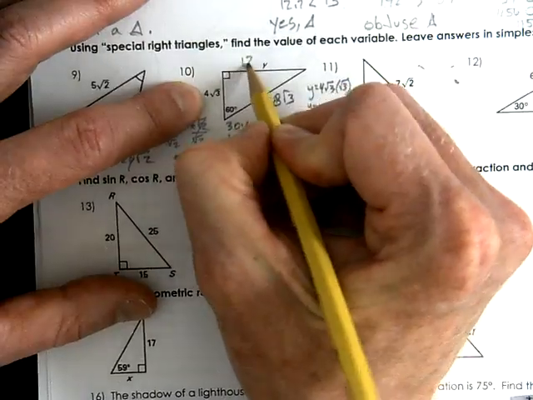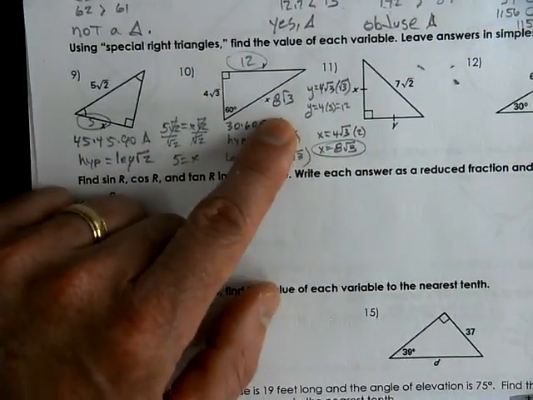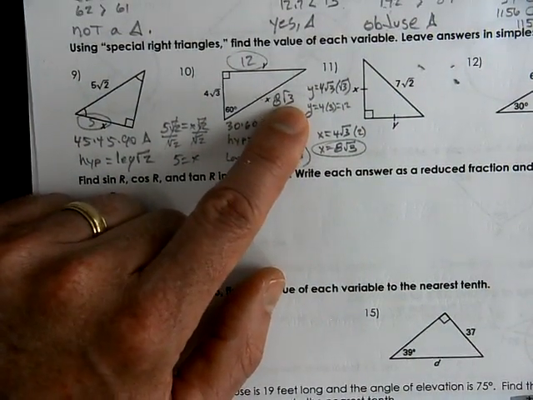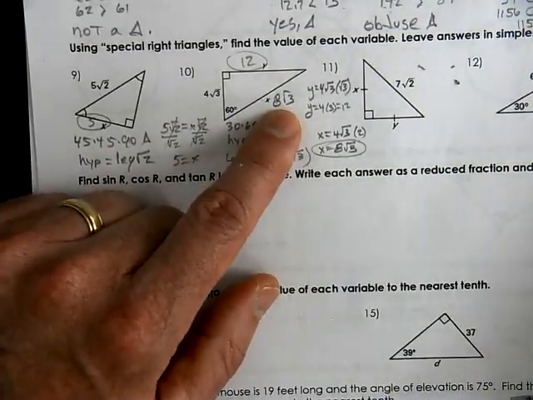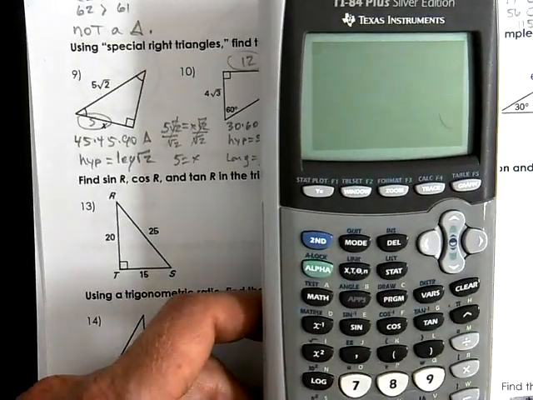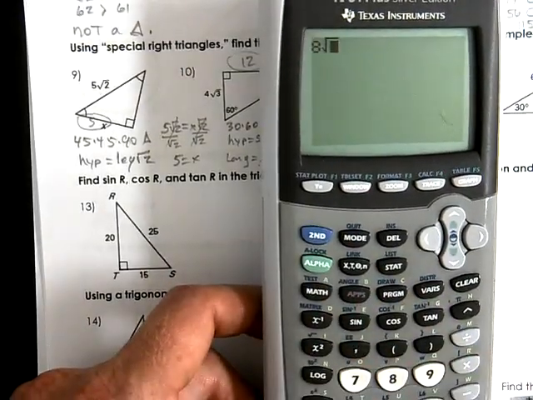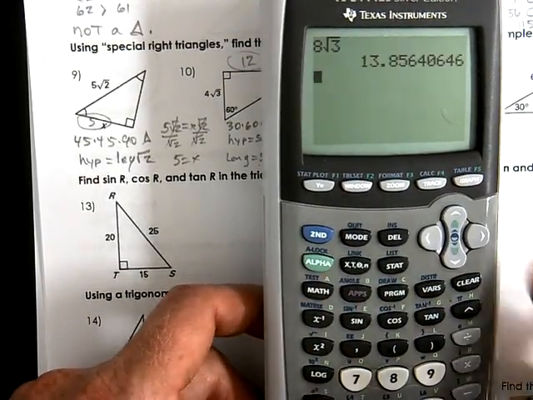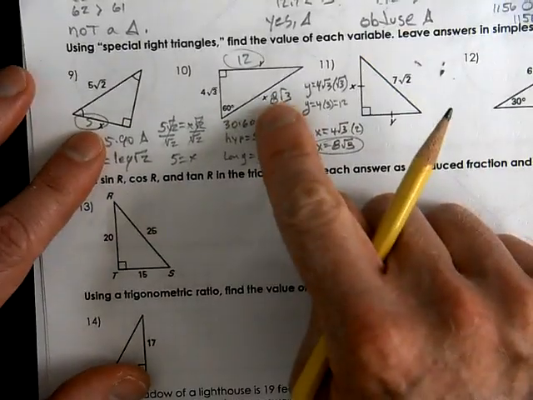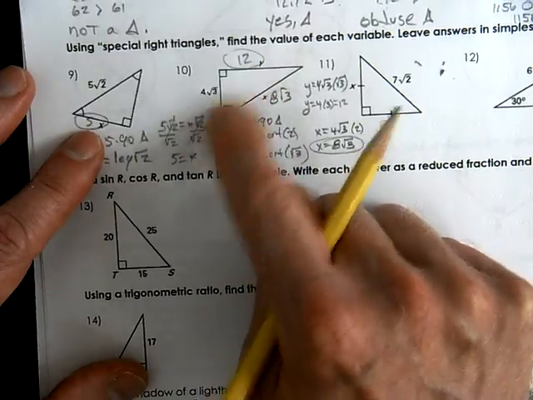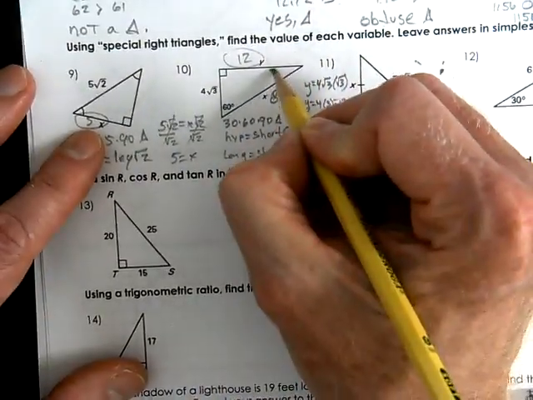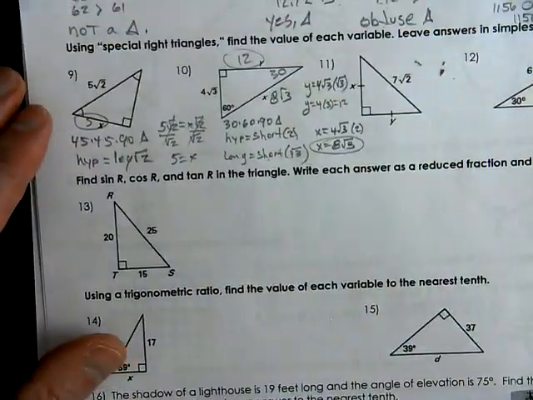That gives us 12. So I'm betting that 8 root 3 is actually bigger than 12. It has to be for this to be a right triangle. It's bigger than 12. The largest side across from the 60 is the next largest side, and across from the 30 is the smallest.